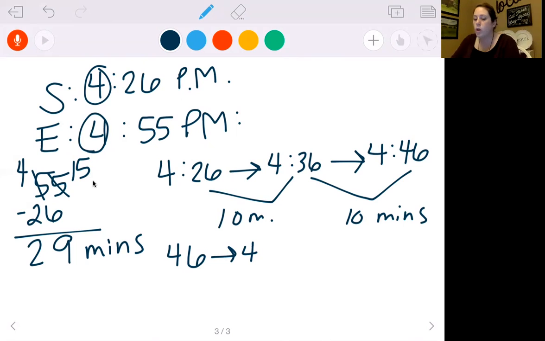Okay, so there's just a quick little clock. If we start at 9:15 right here, and let's count up 5, 10, 15, 20, 25, 30, 35, 40, 45 minutes.